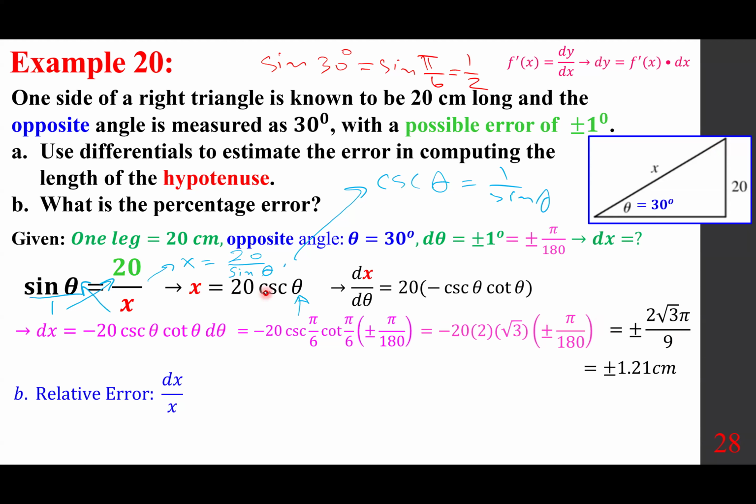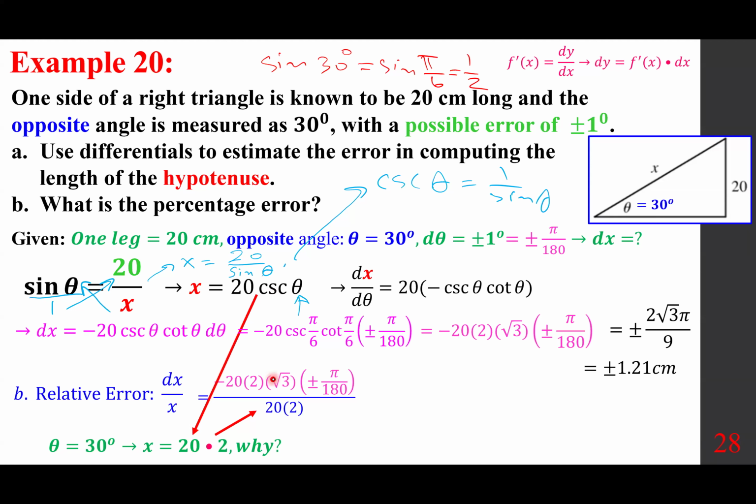X is 20 times cosecant theta. Theta is 30 degrees. Sine of 30 is 1/2. Cosecant theta is 2. So the numerator is this. The denominator is 20 times 2.